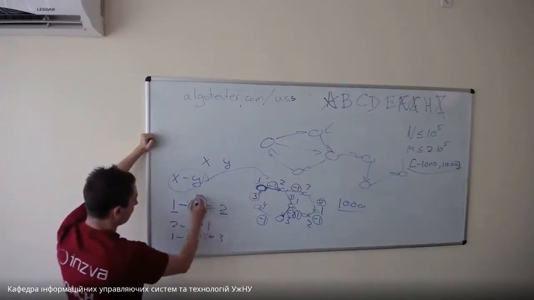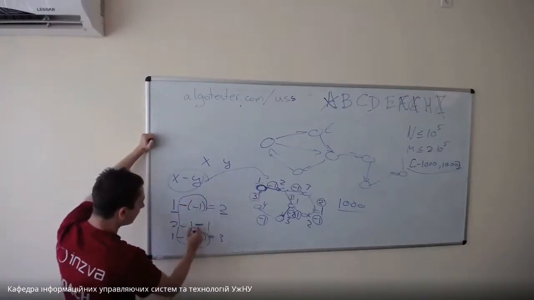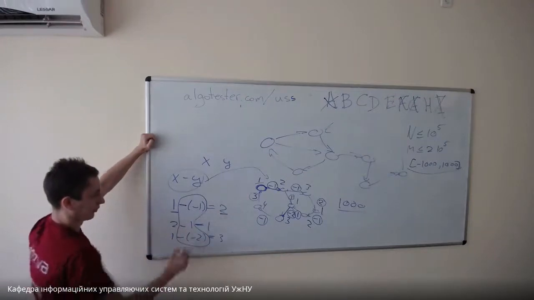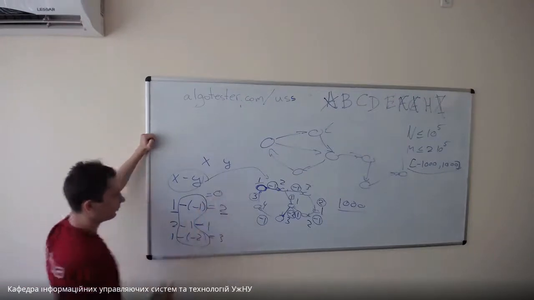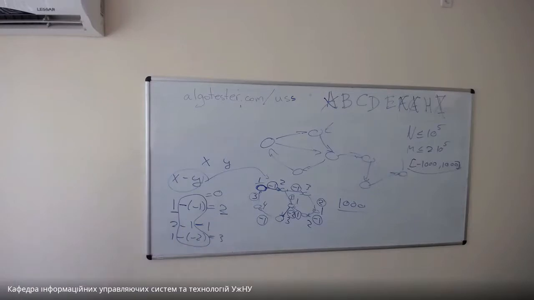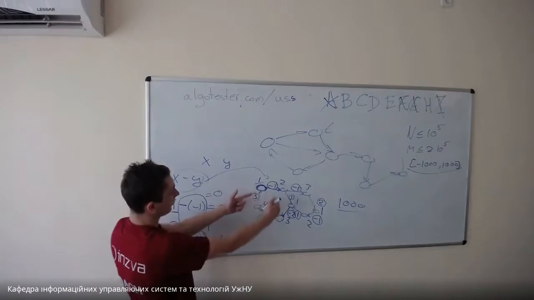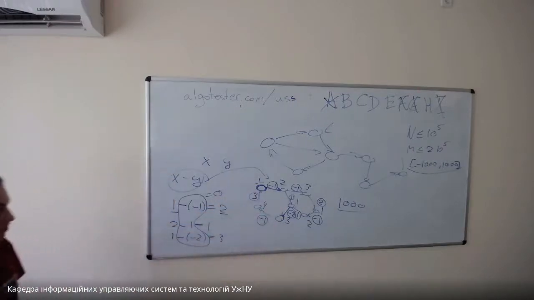And if we add up all of these numbers that we were subtracting, we will receive just a 0. The sum of it would be 0, which is a sum on the cycle. And that basically proves that on each cycle, the sum would be just a 0. Because each time we go from one vertex to another, the weight of the edge just changes from the color of the first vertex to the color of the second vertex.